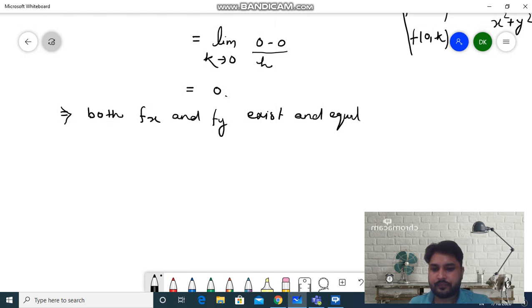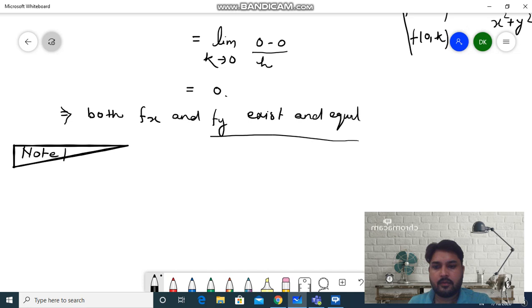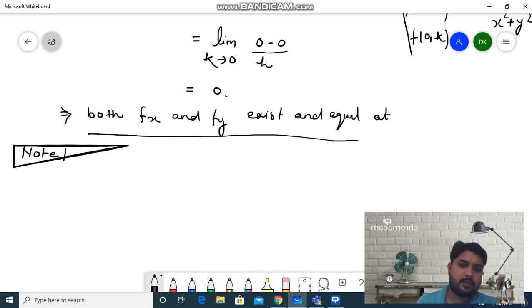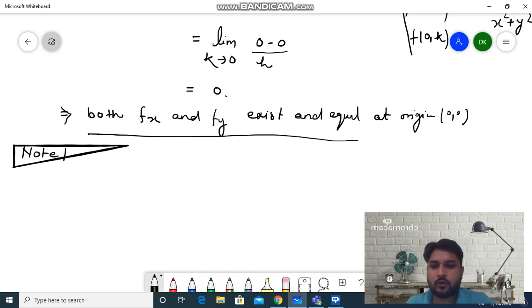But one important note here: we can see that the partial derivatives of the above function both exist, but the function f(x, y) is not continuous.